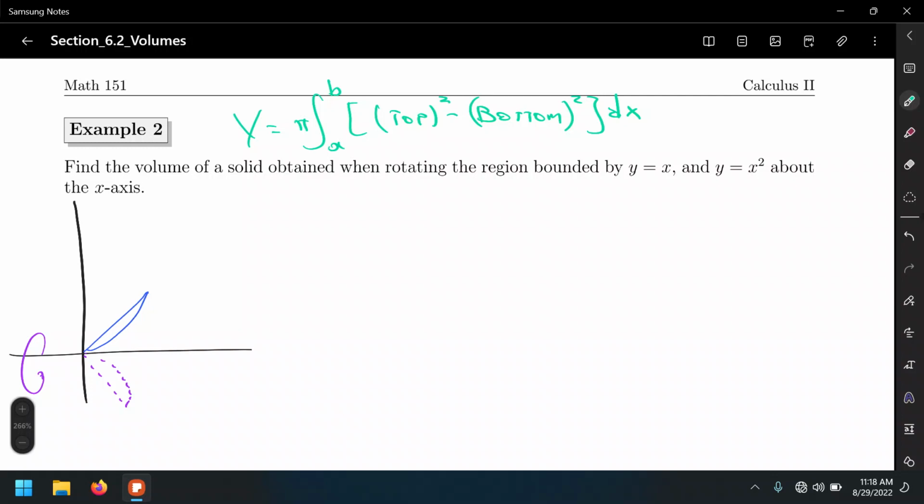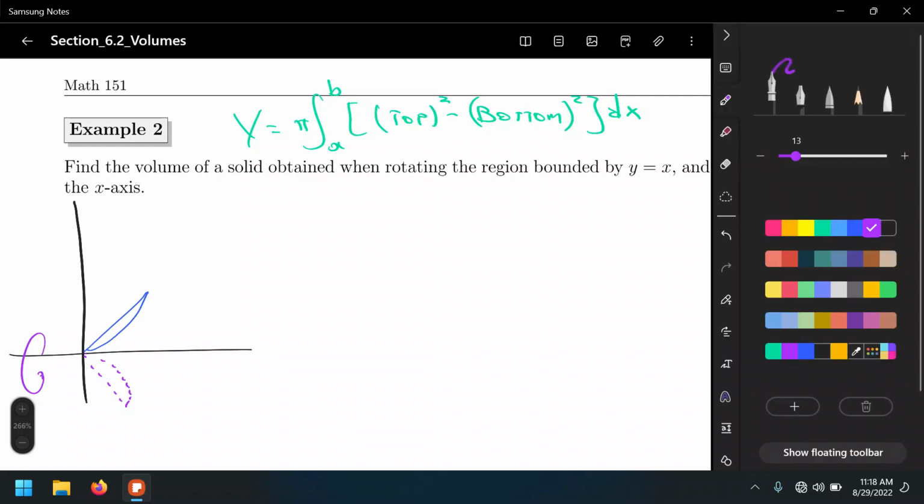So, well, what's that top, what's that bottom? Typically we'll label this f of x and g of x in the same way that we label them when we found the area, top minus bottom, f minus g. So in this case, we're going to do a representative rectangle, so we can easily see the top and we can easily see the bottom one.